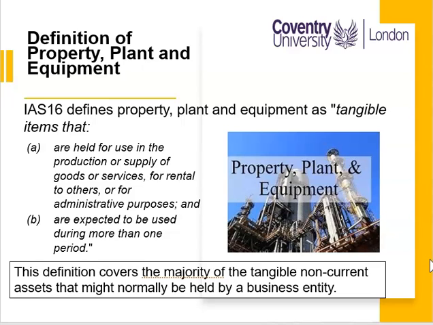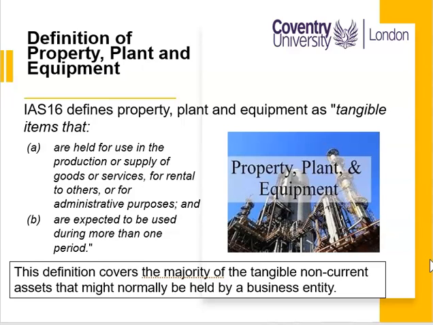So in other words, if the property is held for resale, it cannot be part of property, plant, and equipment. It has to be held for use, for production or supply of goods or services, or held for rentals to others, or perhaps used for administrative purposes. And notice, the property, plant, and equipment are expected to be used during more than one period.